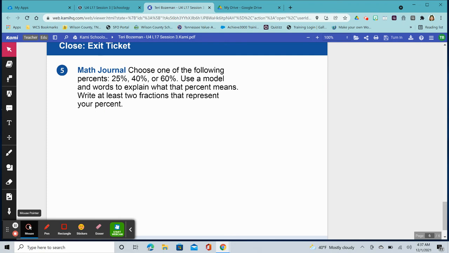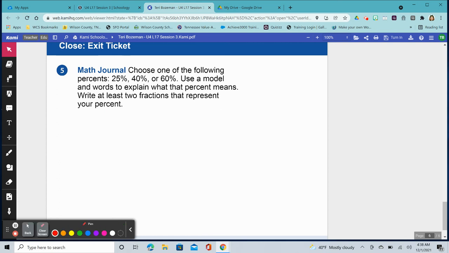All right, number 5 is your exit ticket for today. It says choose one of the following percents: 25%, 40%, or 60%. Use a model or words to explain what that percent means. Write at least 2 fractions that represent your percent. So choose one, use a model and words to explain what that percent means.